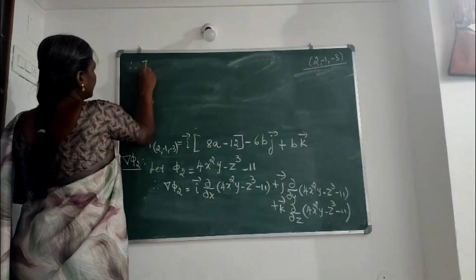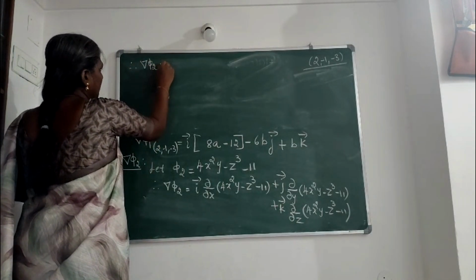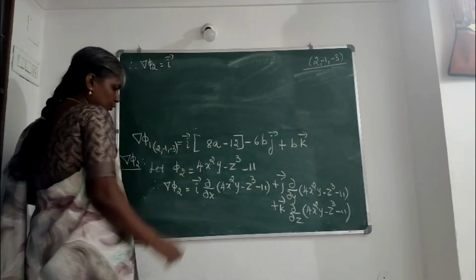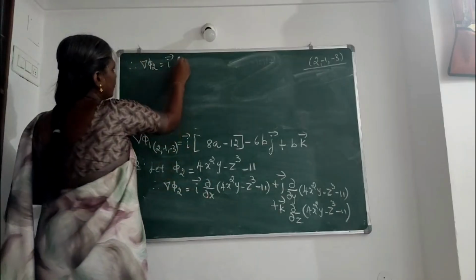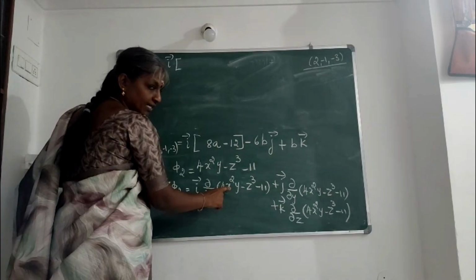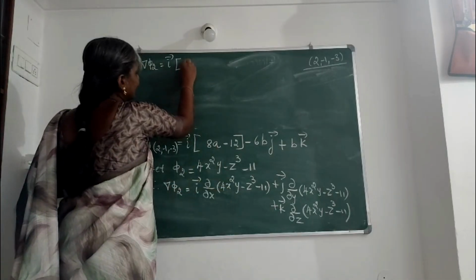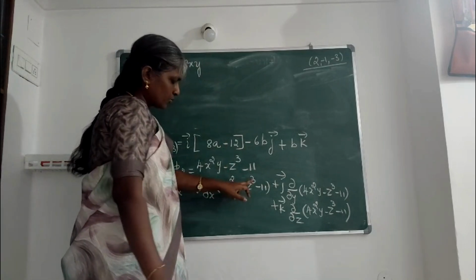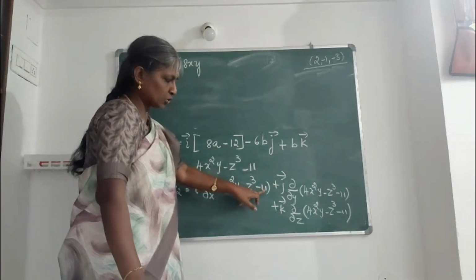Therefore del φ2 is equal to vector i into ∂/∂x of, the differentiation of x² is nothing but 2x, so 8xy, and the other terms are 0.